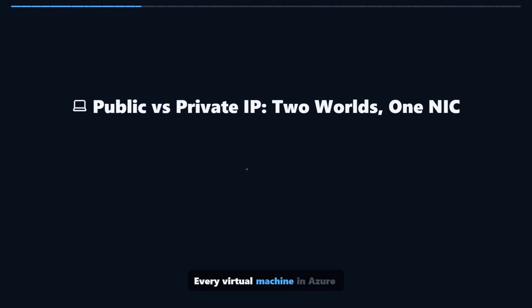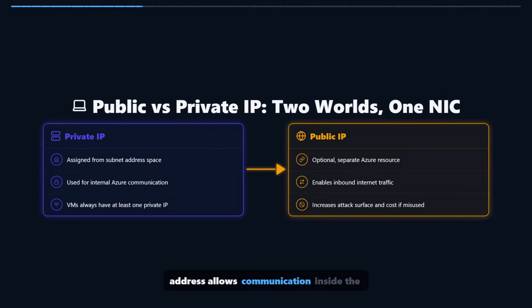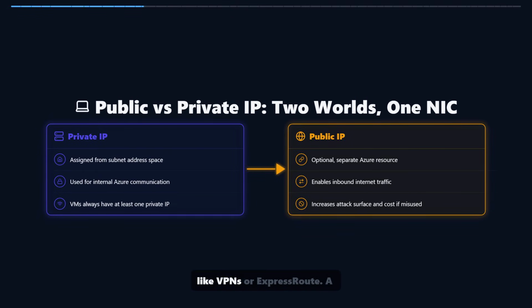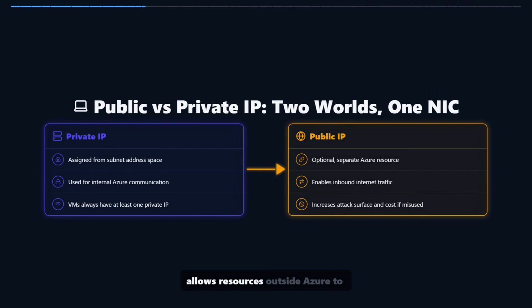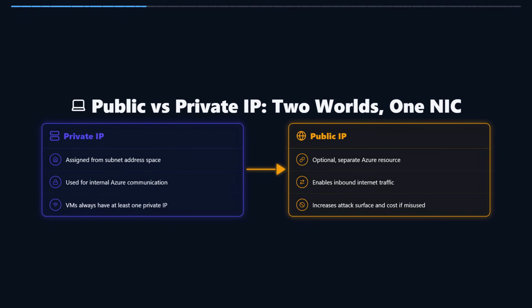Every virtual machine in Azure receives a private IP address from its subnet. That private address allows communication inside the VNet and with connected networks like VPNs or ExpressRoute. A public IP is different. It allows resources outside Azure to initiate communication with your workload.